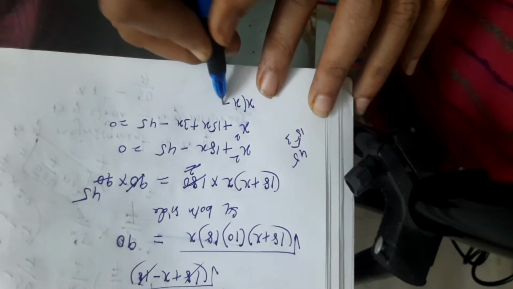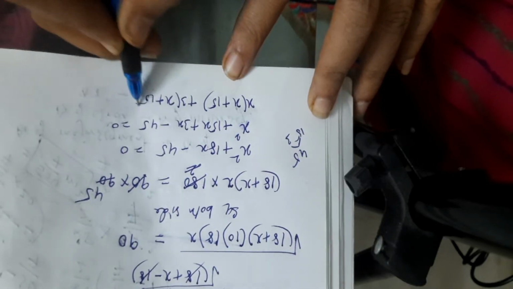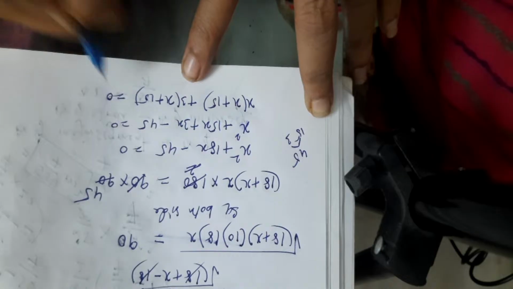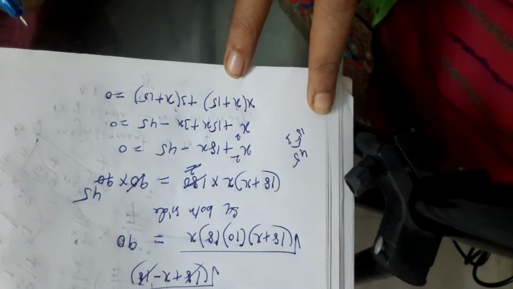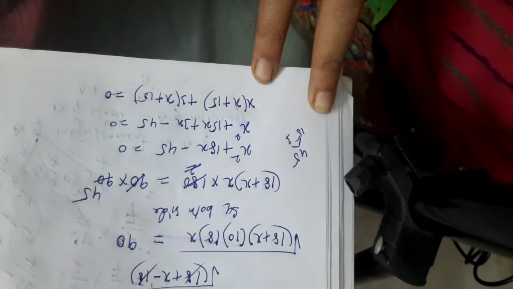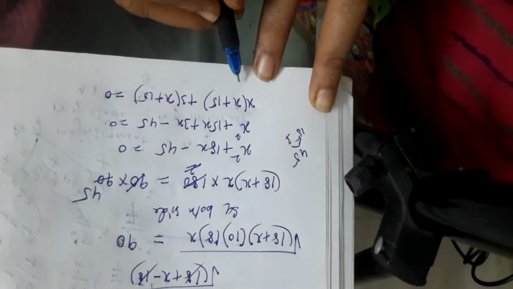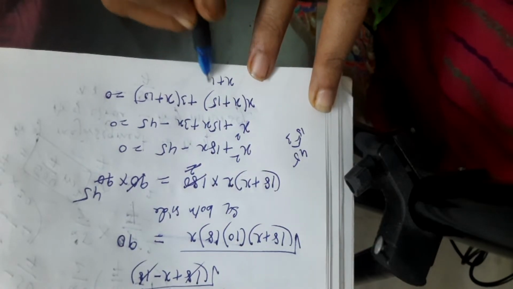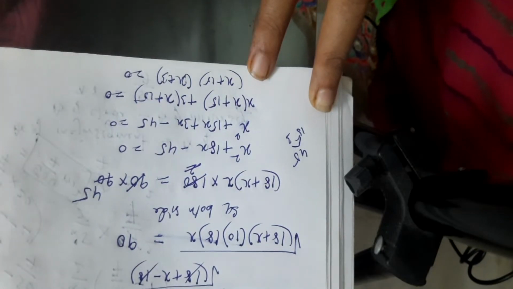Taking x common, x plus 15, 3 times x plus 15 is equal to 0. So here the sign is mismatched. So finally x plus 15, x plus 3 is equal to 0.